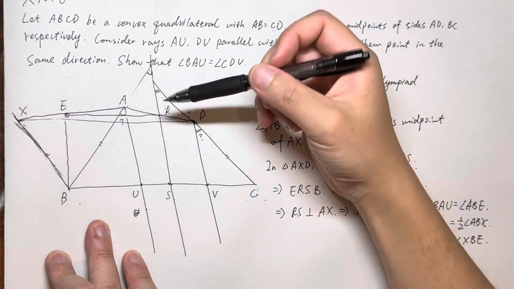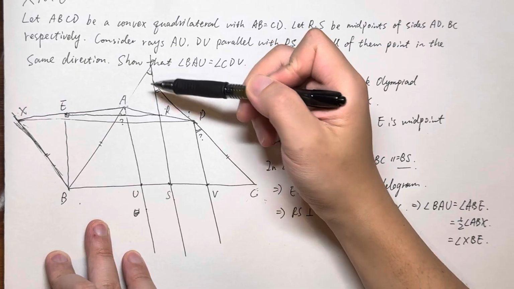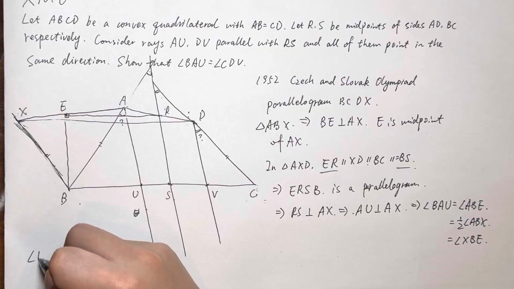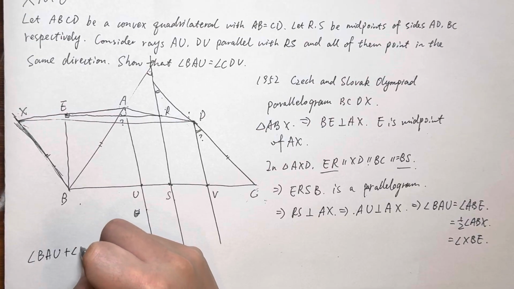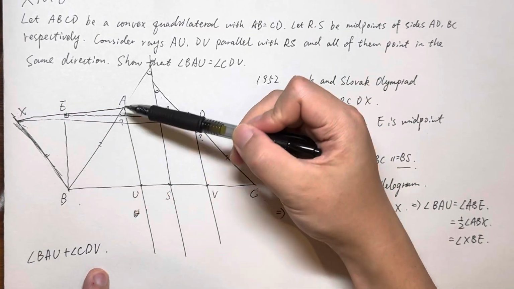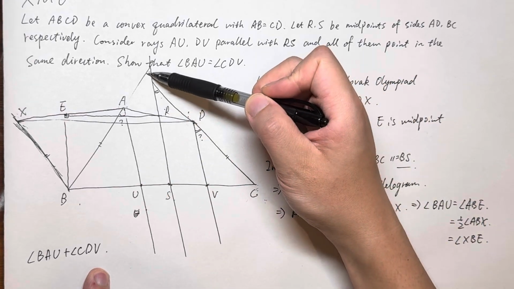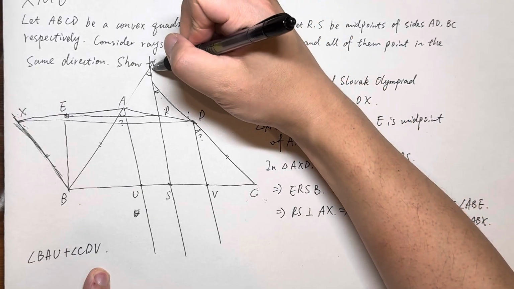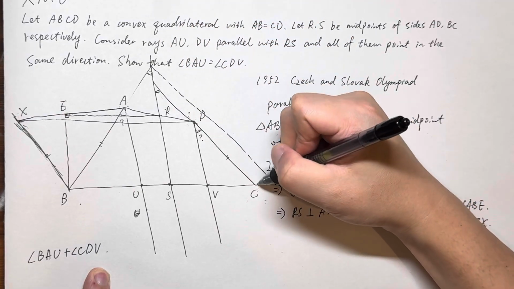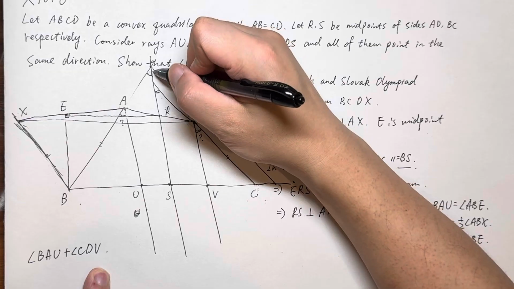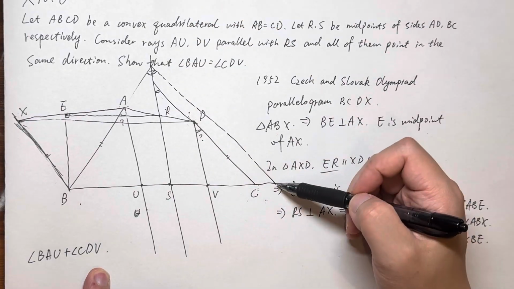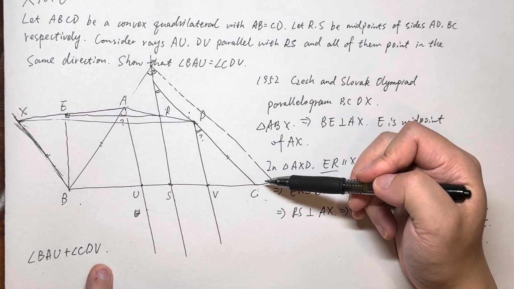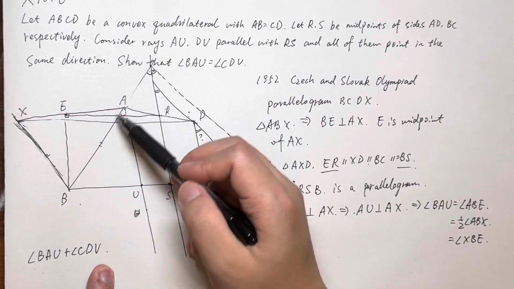That means, let me explain here, angle BAU plus angle CDV is actually this angle plus this angle, which you can think of that we have a parallel line here, right? So this angle equals this one. And that means angle BAU plus angle CDV is an angle formed by the CD and AB.